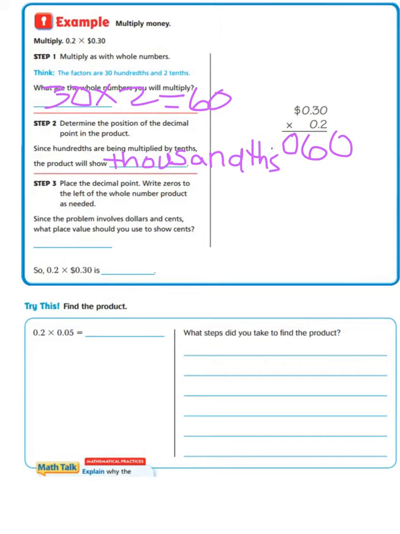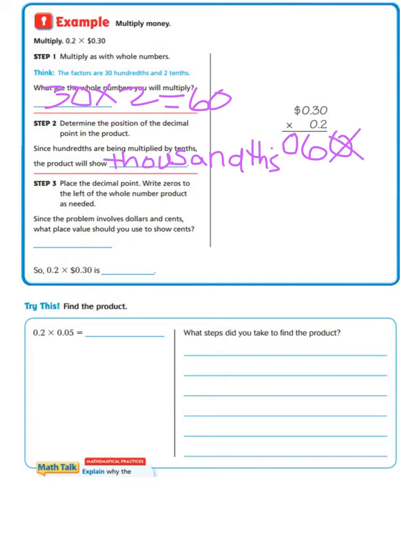Since the problem involves dollars and cents, what place value should you use to show cents? And we mentioned that at the very beginning. When we're dealing with change or money, we only have 2 place values to the right of the decimal. So we will actually drop off our end 0.